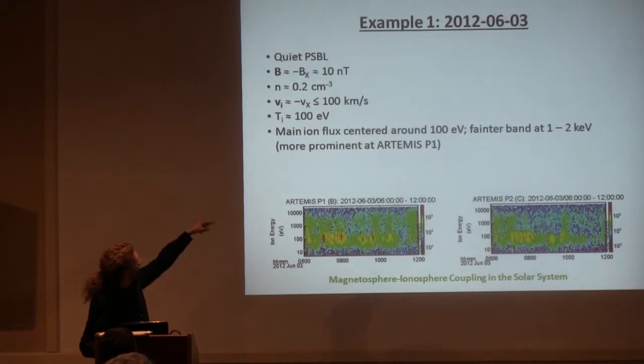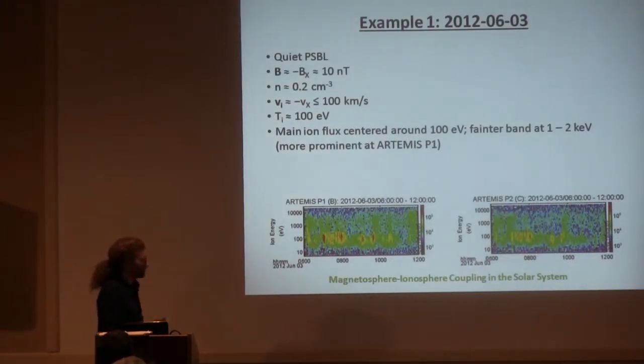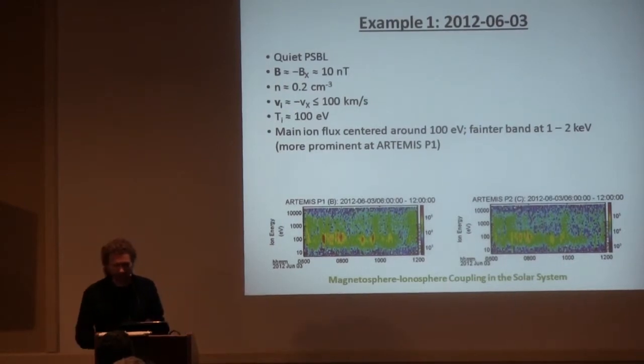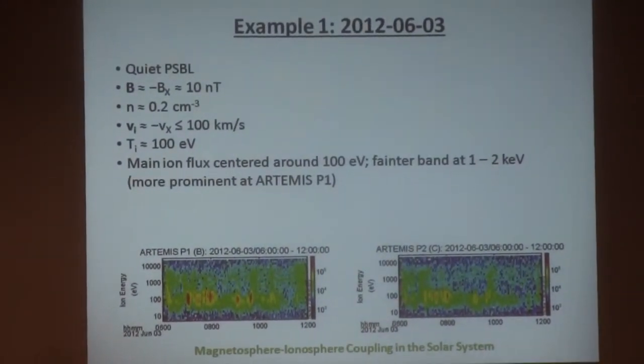Remember the pictures, I have words here that tell us more about where we are. The magnetic field is generally in the x direction, so we're in the tail. Fairly, not too bad densities, and we're not in the lobe. The lobe would be much lower densities, so that's why I consider it boundary layer. And there's less than 100 kilometers per second velocity of the ions, about 100 eV ion temperature.